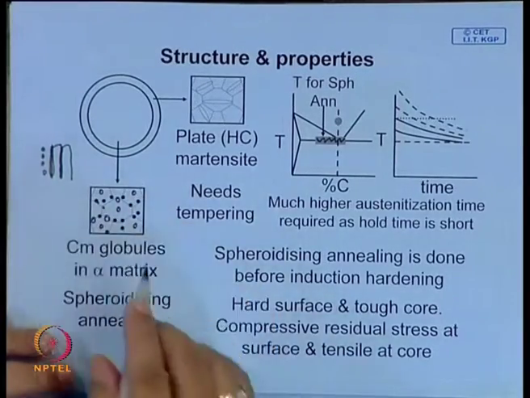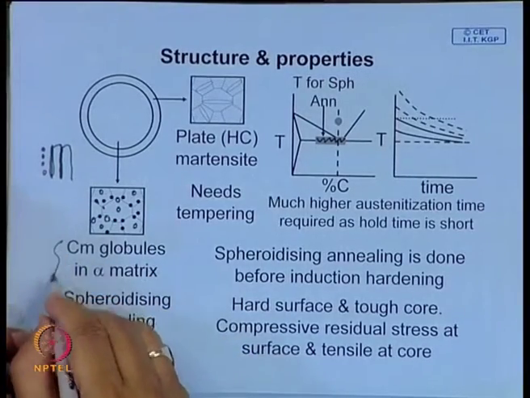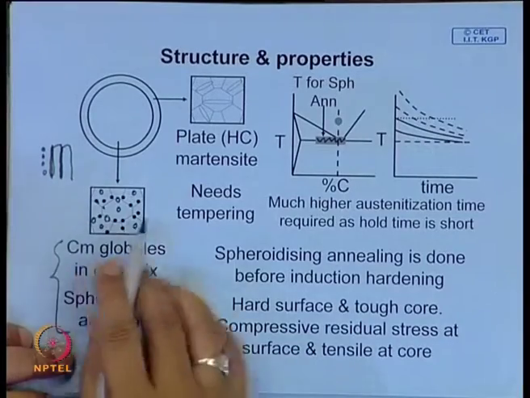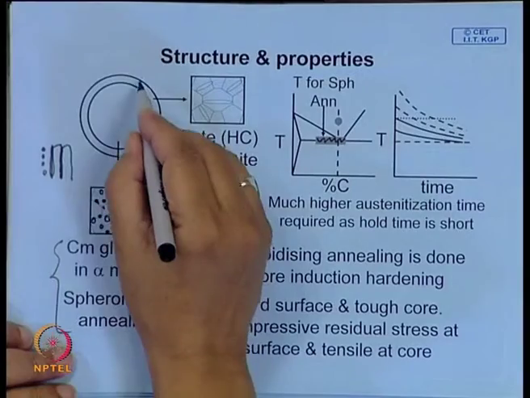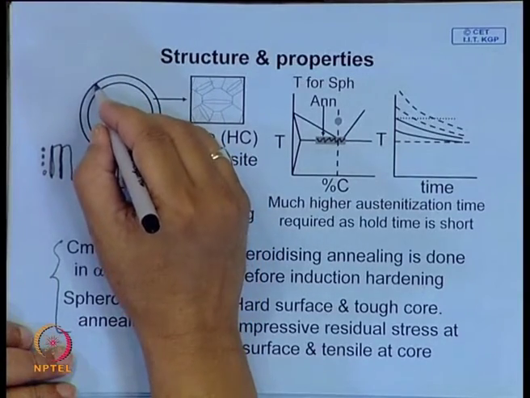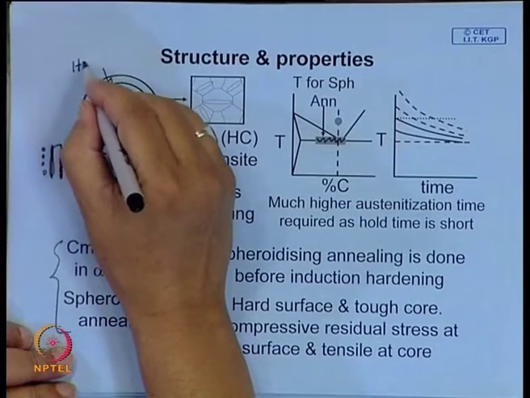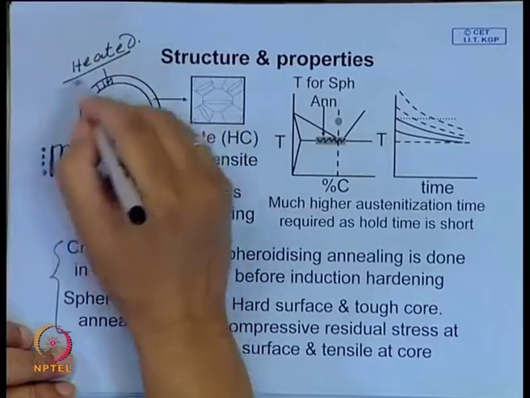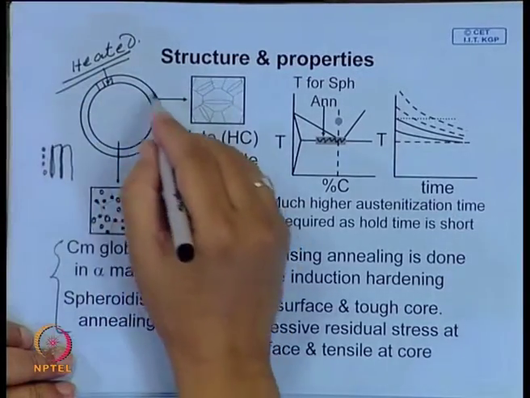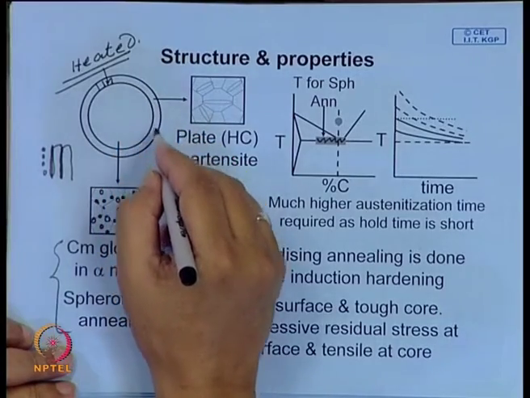By this spheroidizing annealing, you get a very tough core, and it also helps in machinability, and after the full machining you give induction hardening. Let us say only this is the area which gets heated, so that during induction hardening the transformation will be localized.